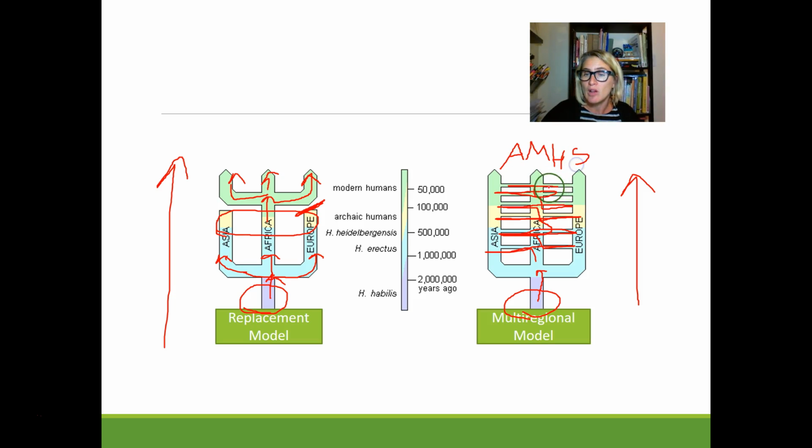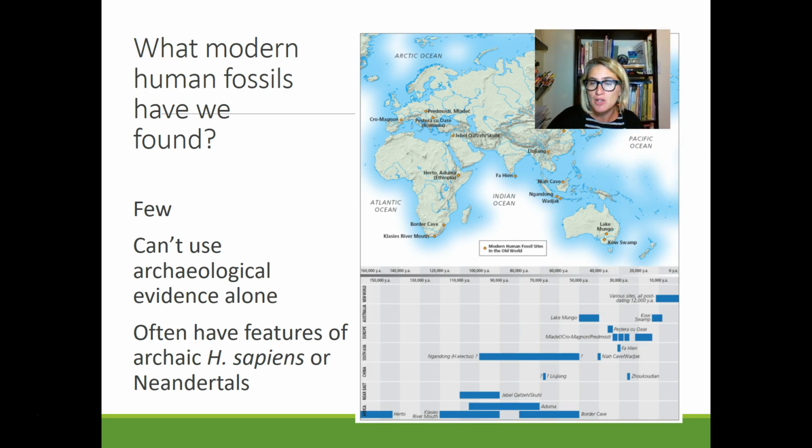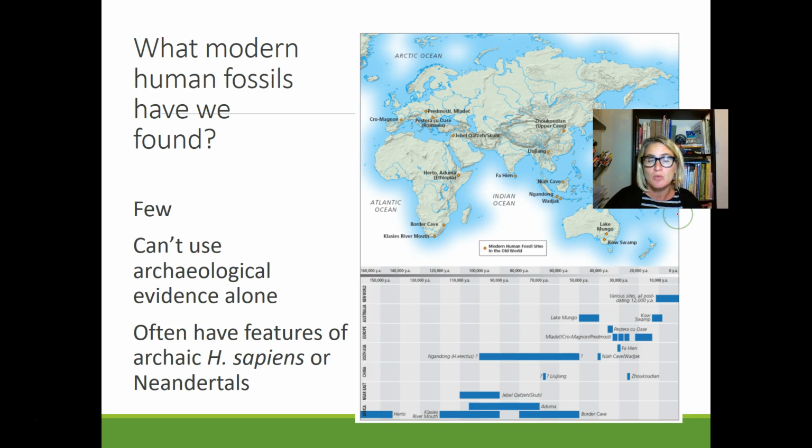And again, these little lines joining the regions would then suggest gene flow. So what we want to do next then is ask ourselves, what kind of evidence do we have that can help us determine which of these models is more accurate?